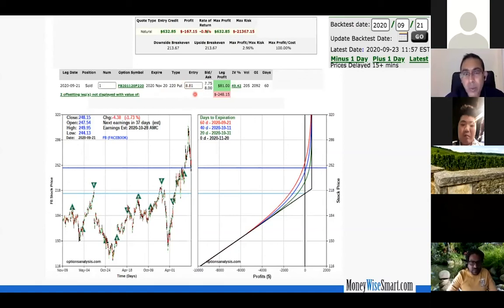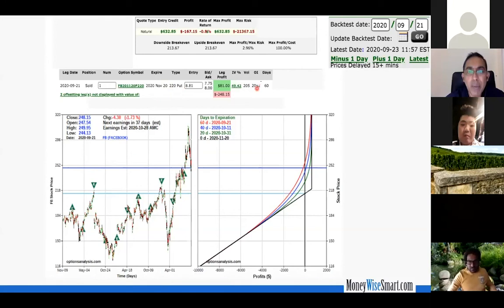But what happens if, for some reason, and this put option is expiring in 60 days, which means that this is an out of the money option, which means if Facebook share price stays above $220, then the person who purchased this option from me, that option will not have any intrinsic value, right? So that person will have no incentive of ever exercising the option. I mean, why would that person sell Facebook shares at 220 when the Facebook shares are above 220 in the market?